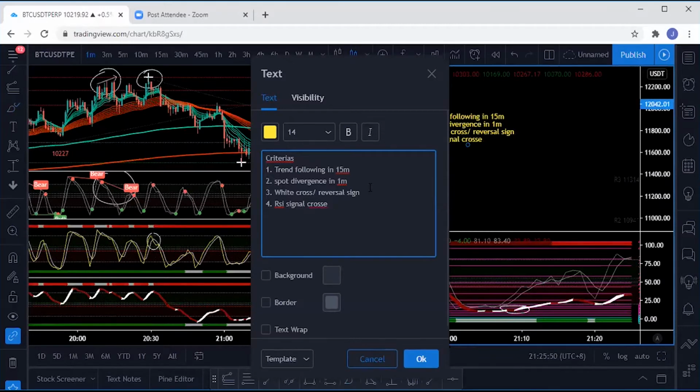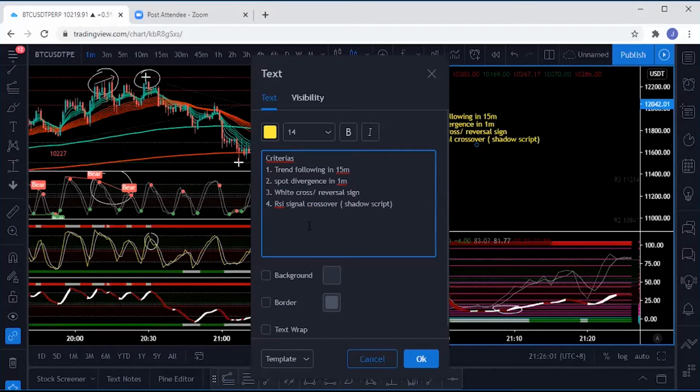Where are we going to see that? In our shadow script. Okay, next is the color of our shadow. Number five, color of our shadow.